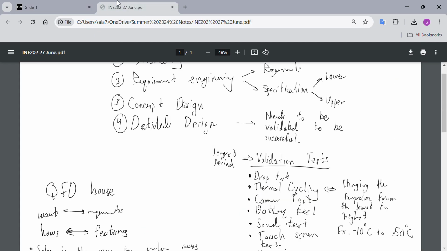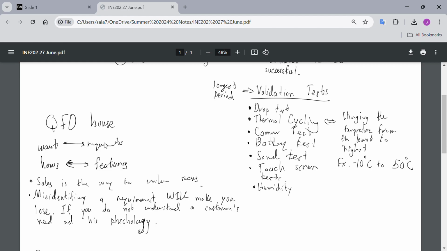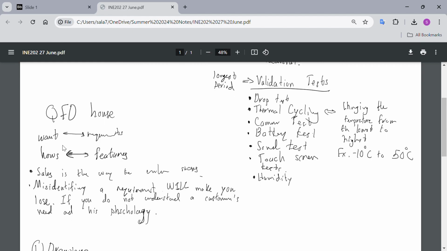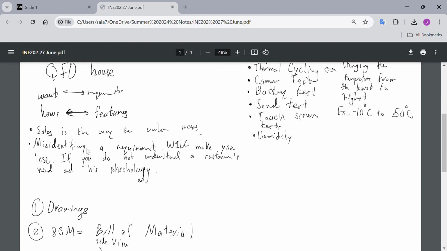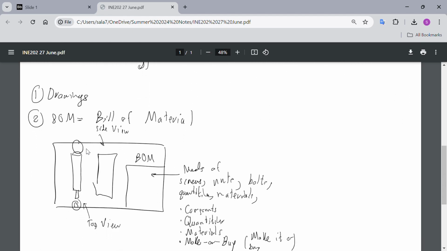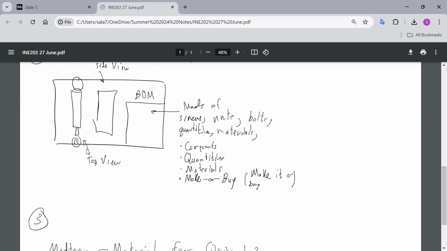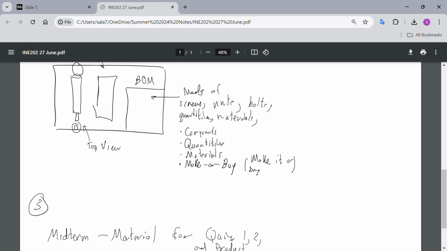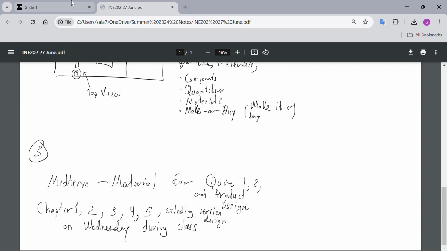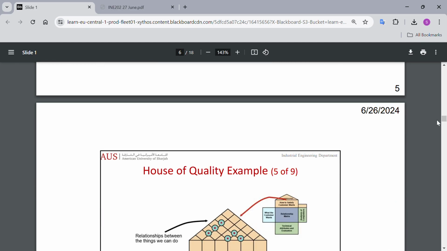So we covered this. It's basically about the needs and requirements. The wants are the requirements of the customer, and the hows are our features. And also here we have the bill of materials, BOM. So yeah, the BOM is very important. And I think that's all.